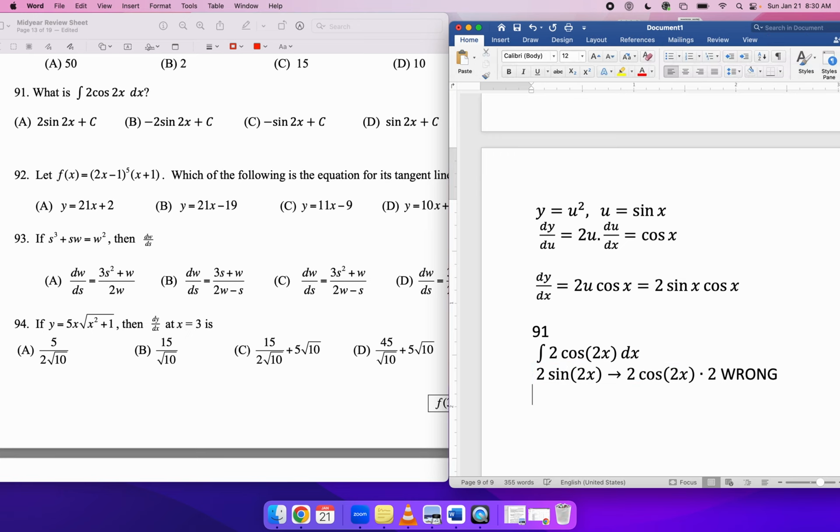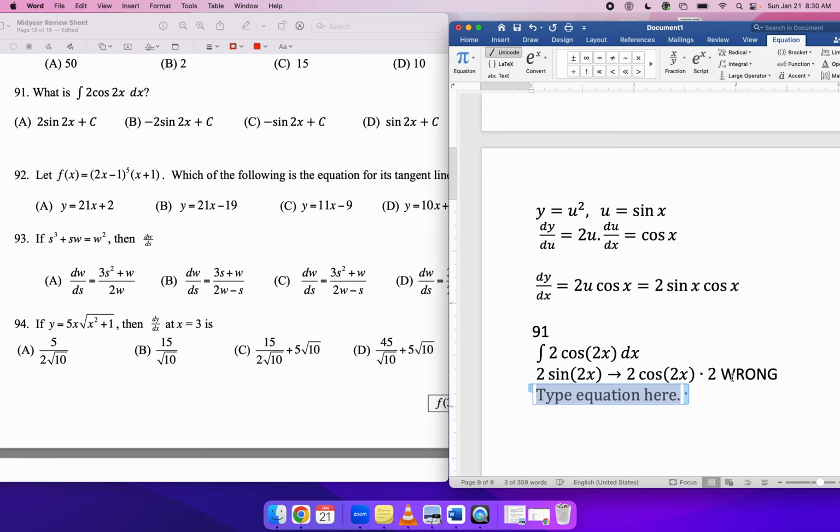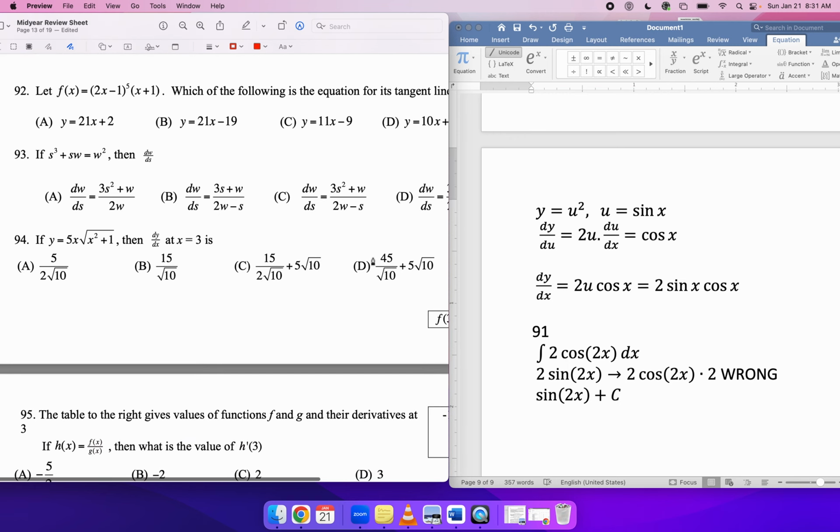So that's wrong, and I'm going to make a different guess. Maybe I just shouldn't have that first 2 to begin with, and just do that. And if you check, the derivative of this function is indeed just this. So this is the antiderivative, plus c. It's basically just guessing and checking.